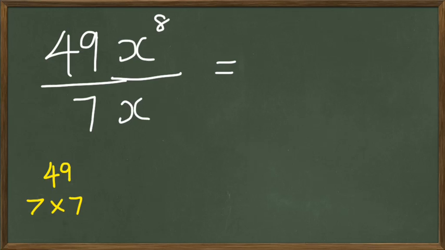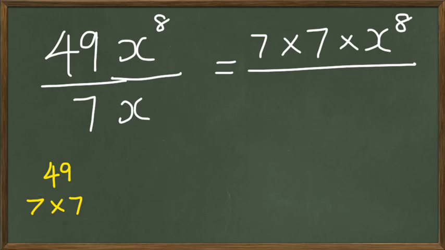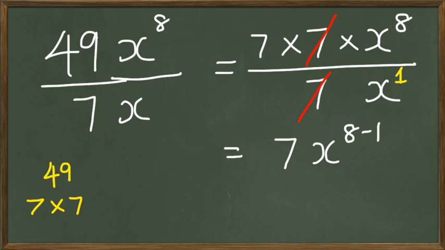So in other words, you have 49, which is 7 times 7, times x to the power of 8, divided by 7x. But also remember, x has a power of 1, which means our two 7's cancel out each other, and we're left with 7x to the power of 8 minus 1, which equals 7x to the power of 7.